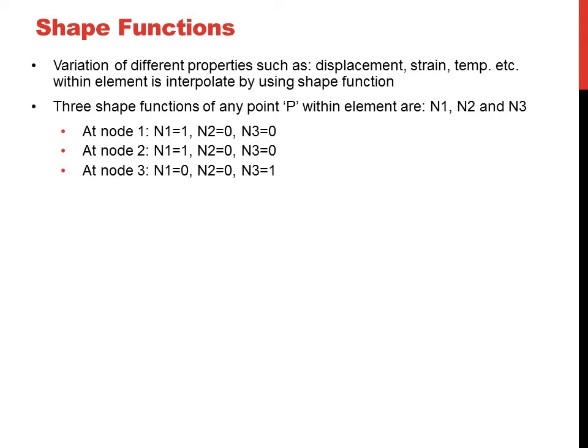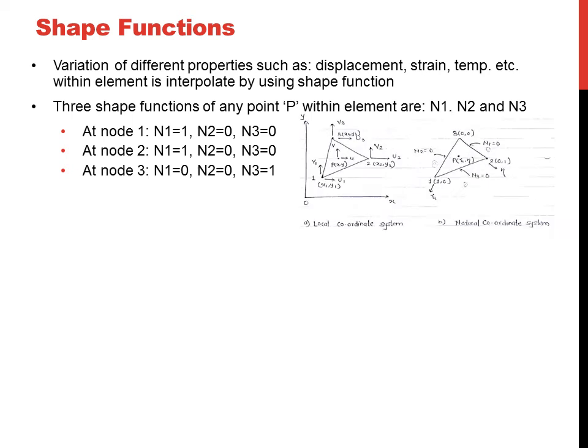The three shape functions of any point P within the element are n1, n2 and n3. One thing you have to keep in mind: suppose an element has three nodes, then you will have three shape functions. So for the CST element at node 1, n1 is equal to 1, while n2 is equal to 0 and n3 is equal to 0.